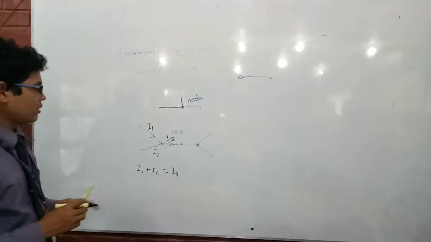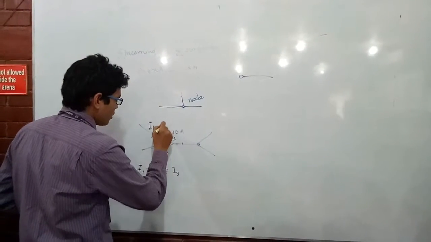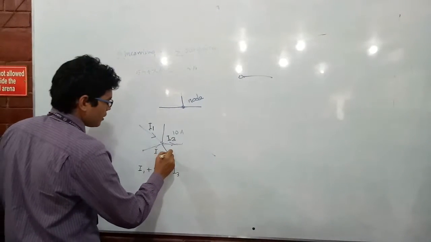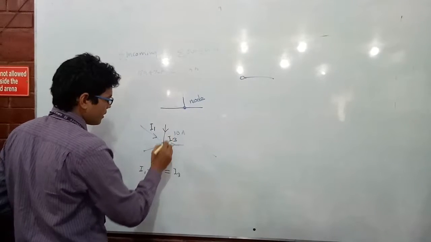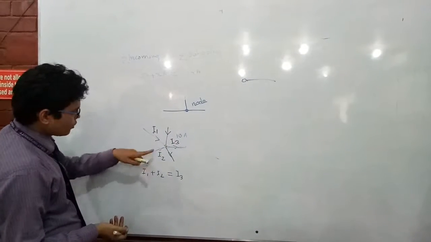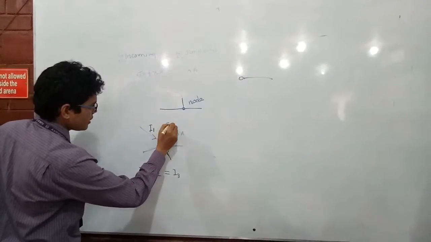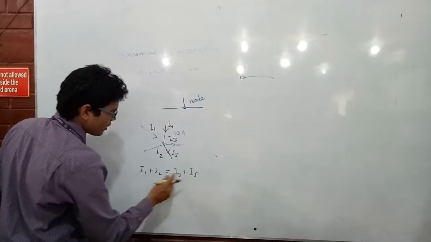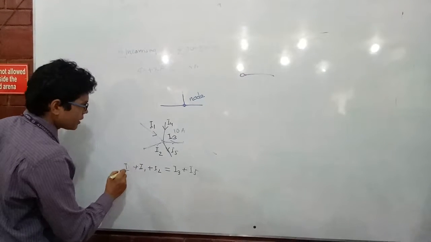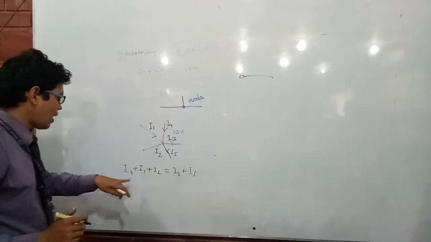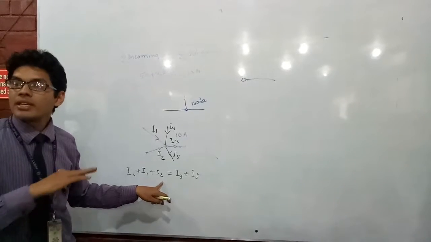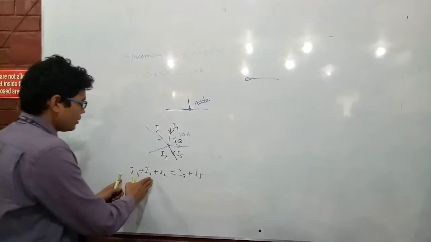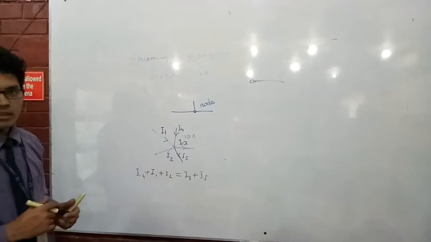If we had more than this, maybe another current, another current, that would be I4 and I5. Then I3 plus I5 would be the outgoing, and the additional I4 would be added to the incoming. So I4, I1 and I2 are incoming current, and I3 and I5 are outgoing. That is how it should always be equal.